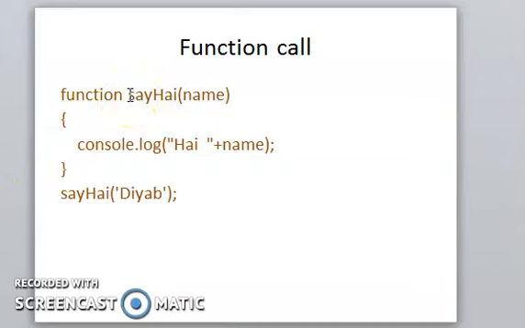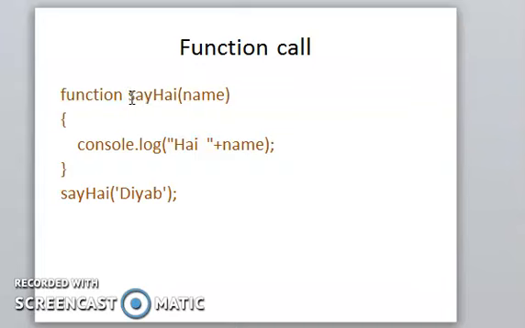This function consists of a display statement, that is console.log hi to the name. In my function called sayHi, I need to say hi to one of my friends. For example, the name is Dia, my friend's name, and I need to say hi to Dia. Then I call this function by the function name.